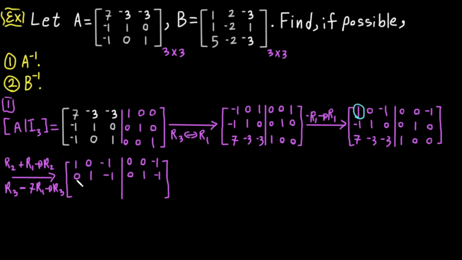Now row 3: this number minus 7 multiplied by 1, which is 7.